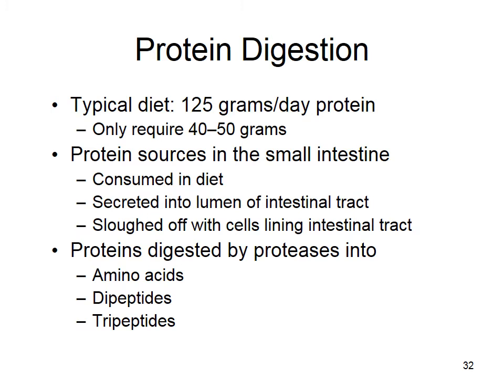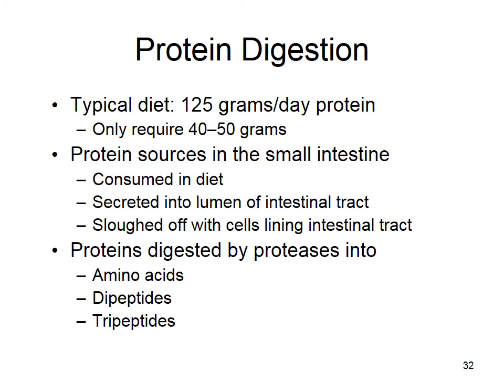Okay, in order to be absorbed, proteins have to be digested into amino acids, dipeptides, or tripeptides. So unlike carbohydrates, you can absorb 2 amino acids held together or 3 amino acids held together. Okay? Carbohydrates, only monosaccharides get absorbed.